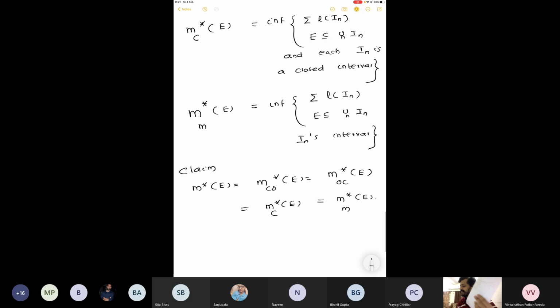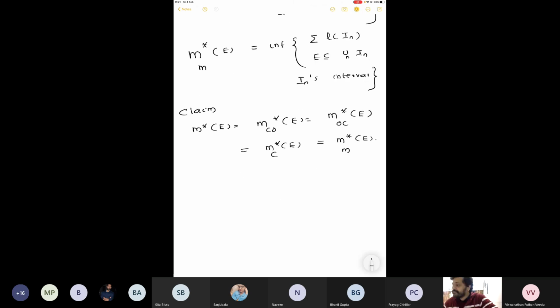So all these things are the same. Okay. For convenience, we took our intervals as open. That's it. So this is how you can fix the notation. Now, this is what we have to prove. This equation, or rather chain of equations, we have to prove.